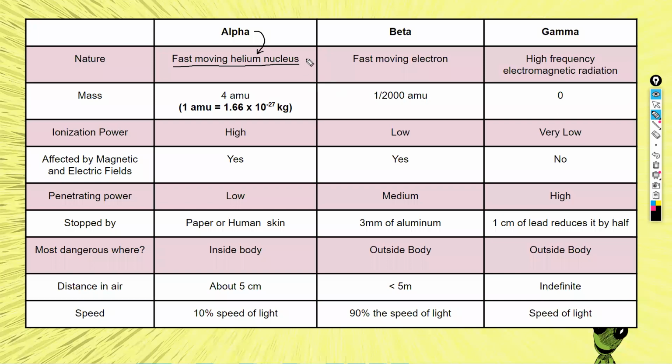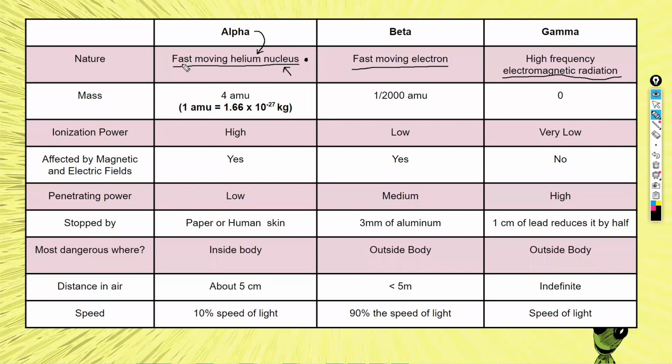I will get into a detailed explanation about this just now. Beta is a fast moving electron, and gamma is a high frequency electromagnetic radiation.